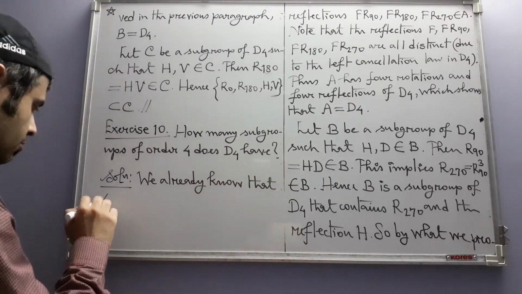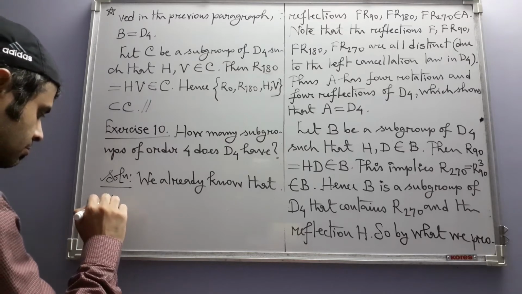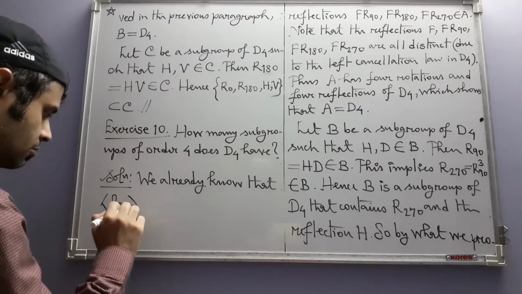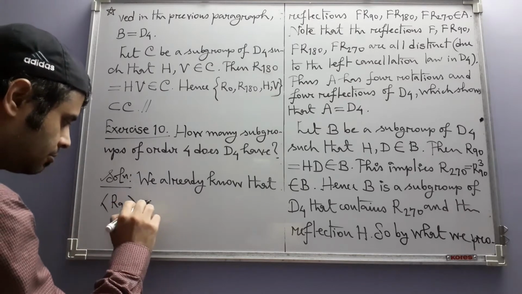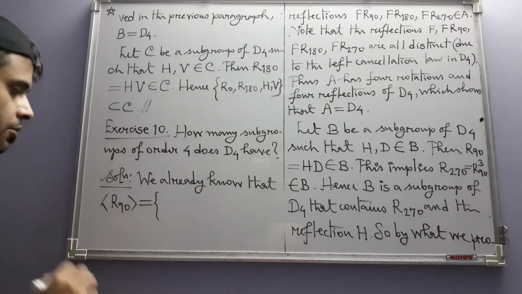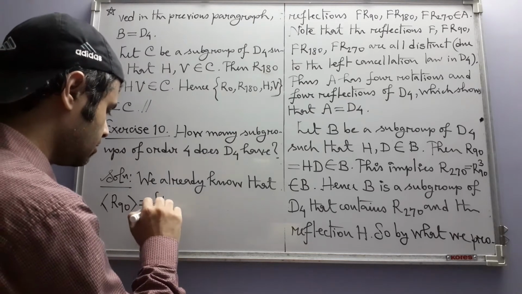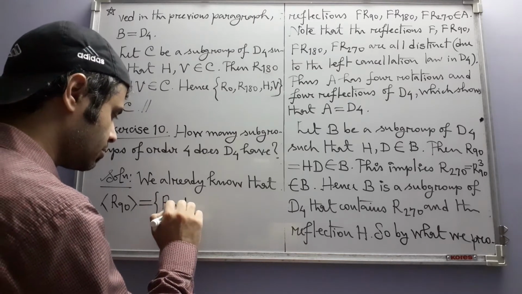We already know that the cyclic subgroup generated by the rotation R90 is a subgroup of order 4 in D4. Its elements are all the rotations.